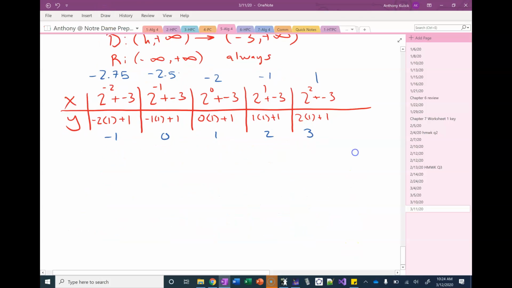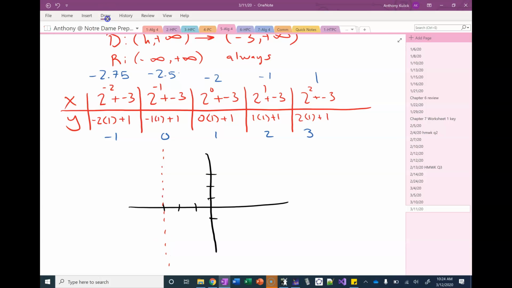And if I draw my graph then, I'll start by drawing in my vertical asymptote. And then I'll plot my points.